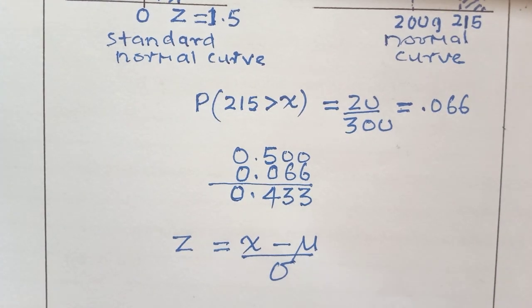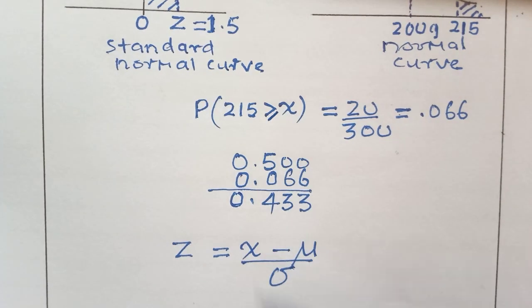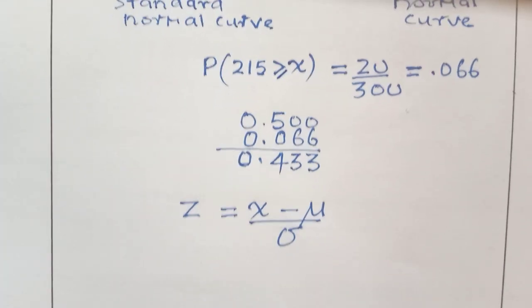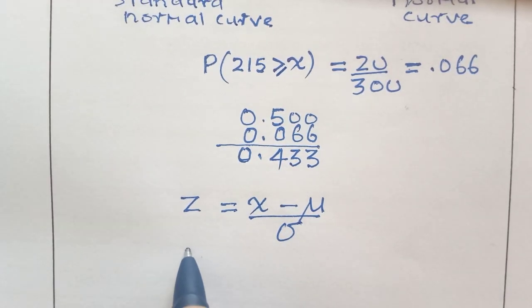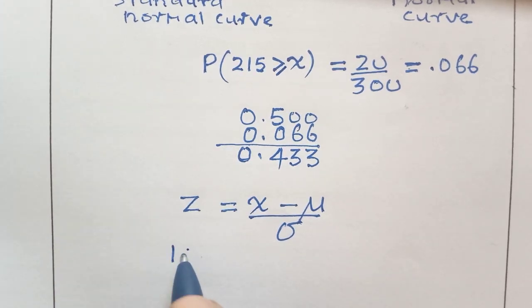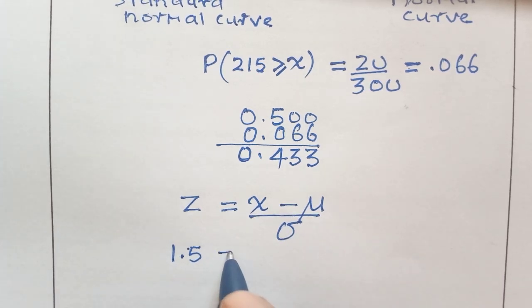So Z we have identified as 1.5. What remains to identify is the standard deviation.